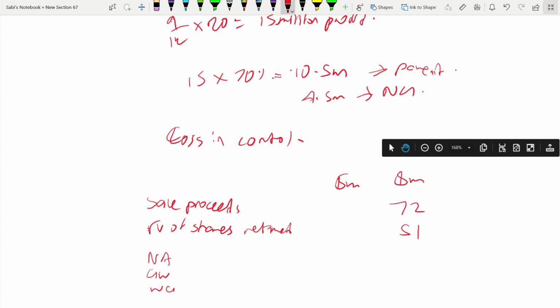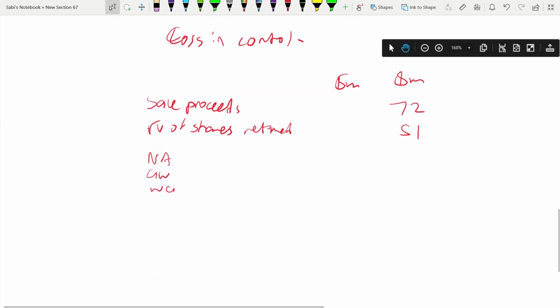All these three need separate working. You have to calculate net asset, goodwill, and NCI. So let's do that first. What do we do first? We can find the net asset. So let's do the net asset. Working 1, working 2, working 3.